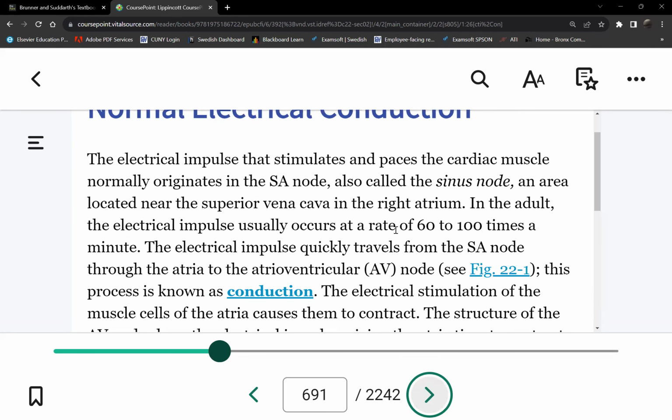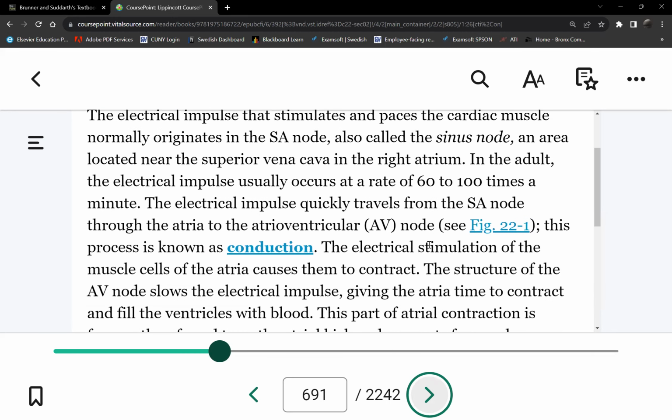So, I'll show you the illustration on the next page. We have 3 pacemakers. Now, unlike all other muscles of the body, which rely on nerve stimulation in order to function, the heart is different.